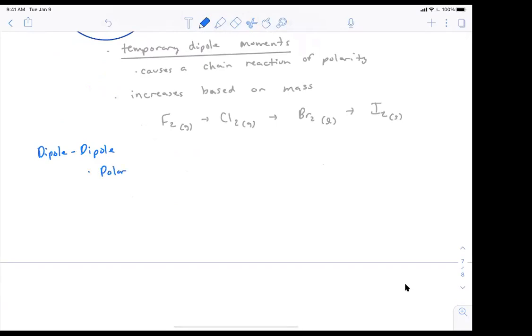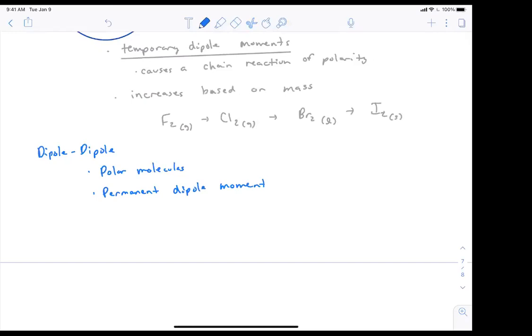This occurs in polar molecules, where there is a difference in polarity in the molecule, and this polarity means permanent dipole. These have a permanent dipole moment.